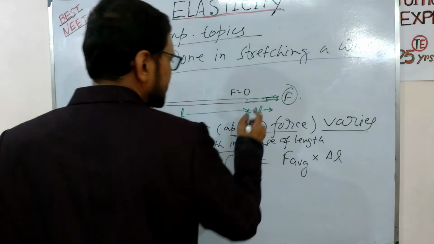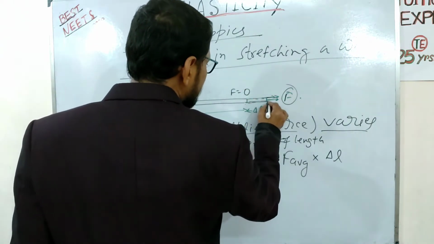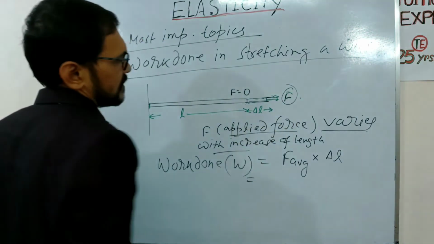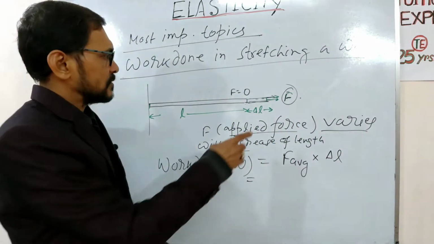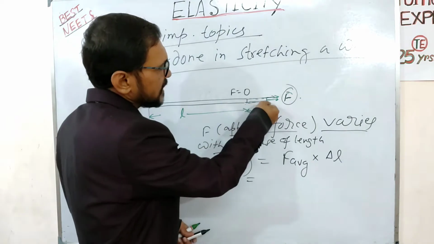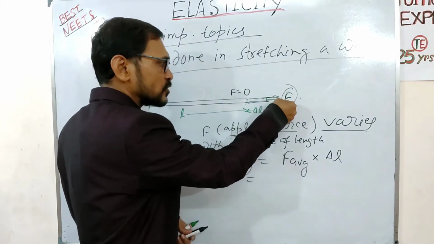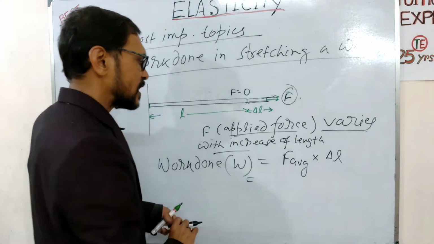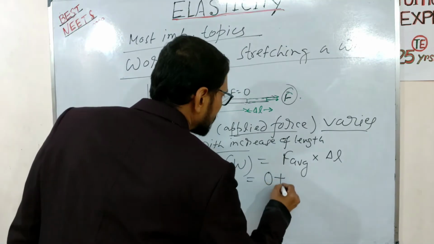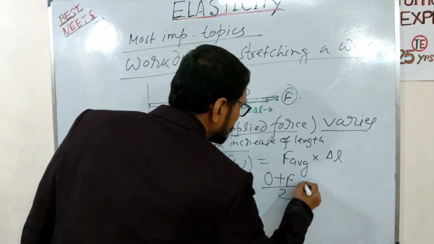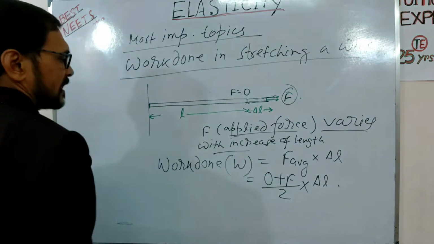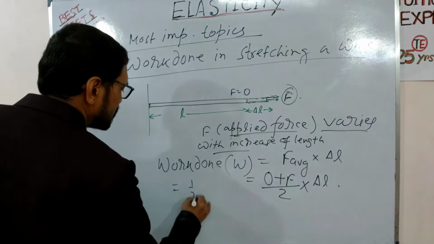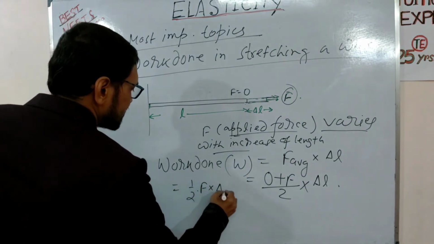So average force equal to 0 plus F by 2 into del L. That is half into F into del L. This is the work done.